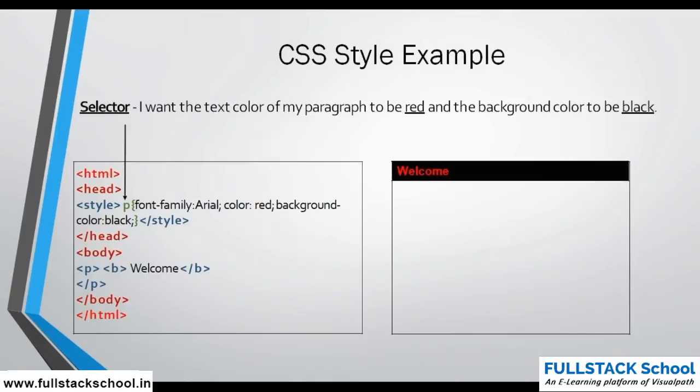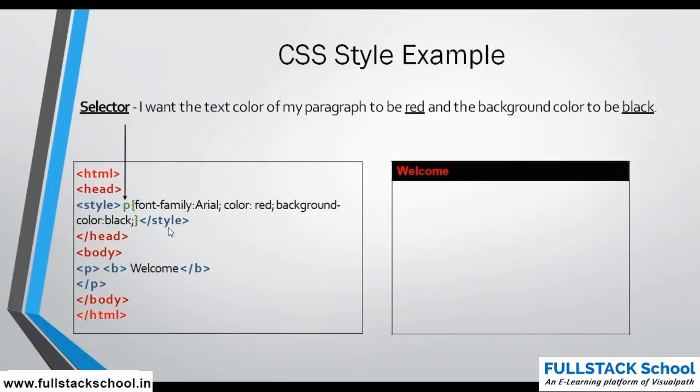Going next, we'll see some CSS style examples. Here, for the selector, I want the text color of my paragraph to be red and the background color to be black. So to do that, in the head we wrote the P selector with curly brackets, the font family, color red, background color black.